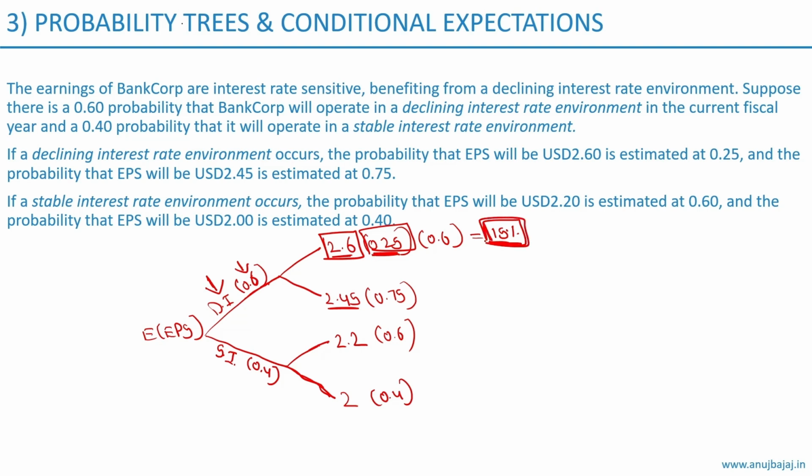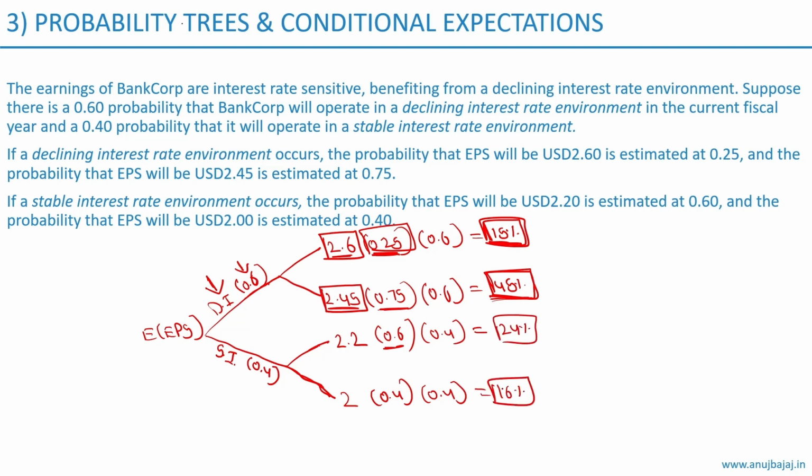This is an unconditional probability. Similarly, we can multiply the 0.75 by 0.6 and get 45%. This implies that there is a 45% chance that the earnings per share could be 2.45, full stop. There is no condition associated with this 45%. It is an unconditional probability. Similarly, we can multiply 0.6 by 60% and 40%, and we get 24% and 16%.